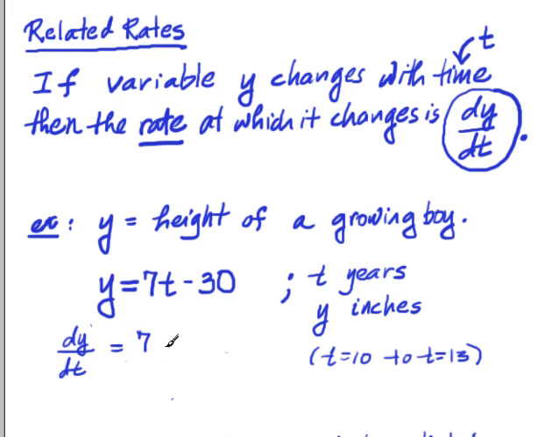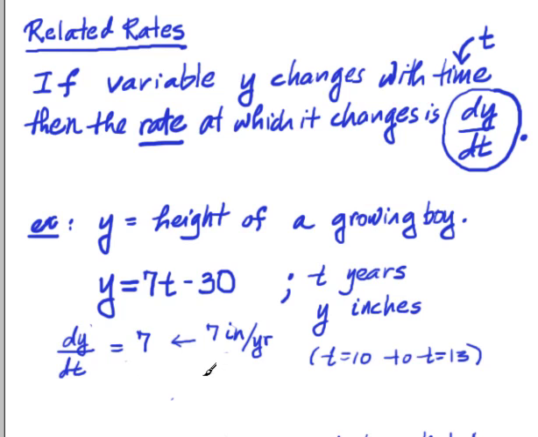Now what does this 7 represent? It represents the rate at which the boy is growing. So the boy is growing about 7 inches a year, 7 inches per year, because those are our units, inches and years.